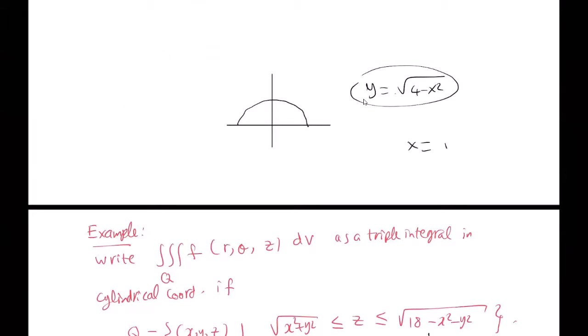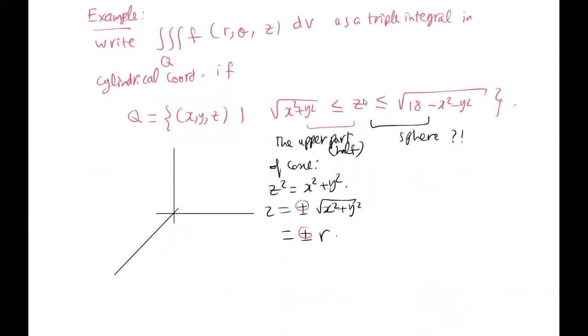If x equals minus square root of 9 minus y square, what you have here is the left semicircle. If this is negative, it's a lower semicircle. If this is positive, it's a right semicircle. So we need to be familiar with these graphs.